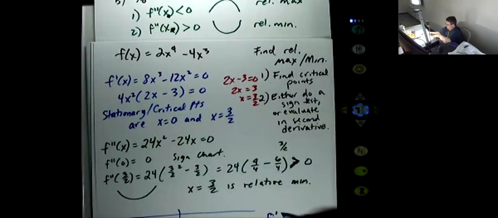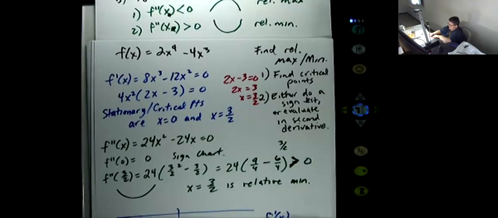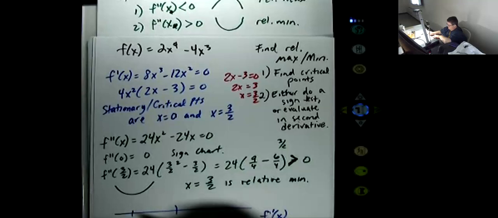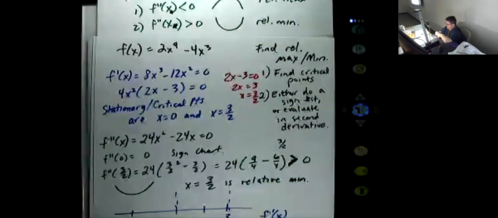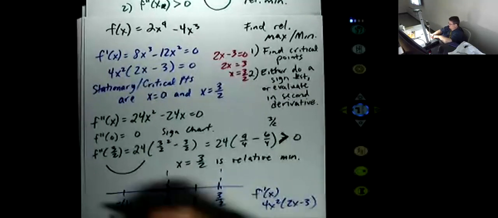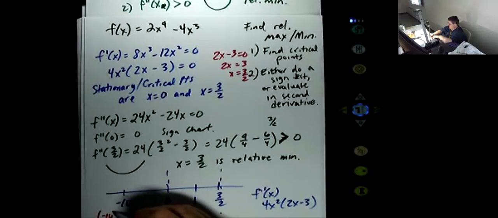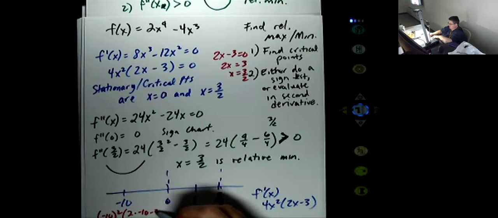So the first derivative was 4x squared times 2x minus 3. I will do to the left of it, negative 10. Our other point was 3/2, so I'm going to use 1. I'm looking to see what happens around this. If I stick in negative 10, I have negative 10 squared and 2 times negative 10 minus 3.